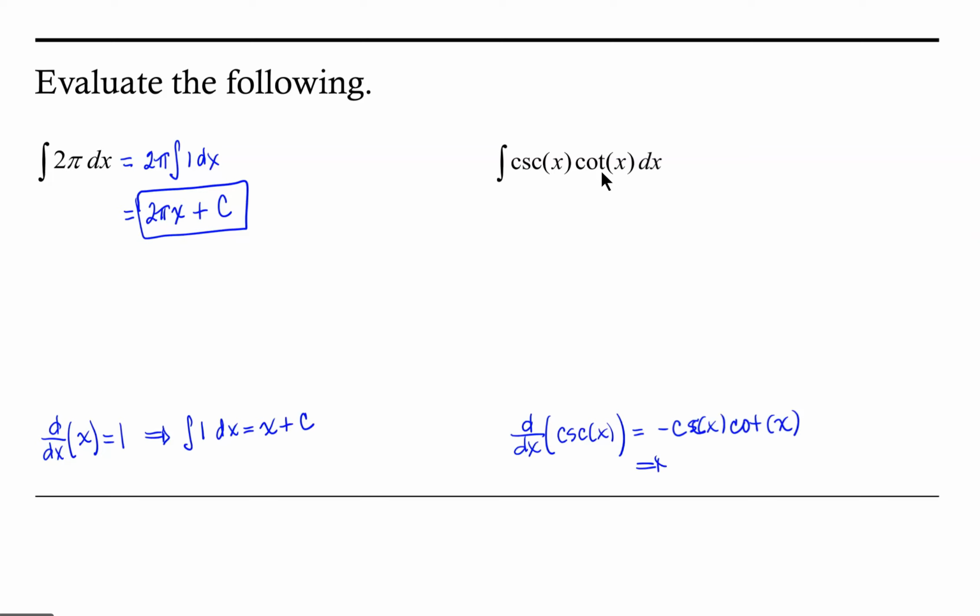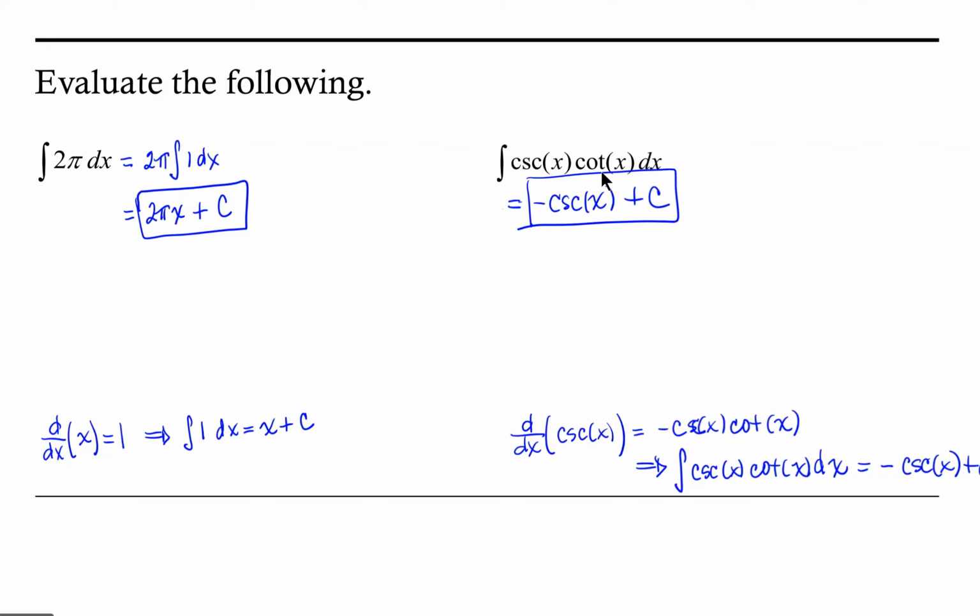So that will imply that the indefinite integral of cosecant of x, cotangent of x, dx is going to be negative cosecant of x plus c. So this is going to be negative cosecant of x plus c.